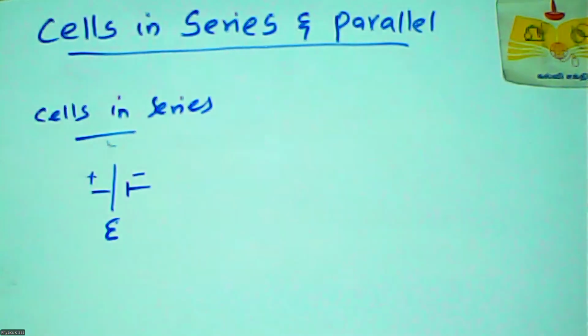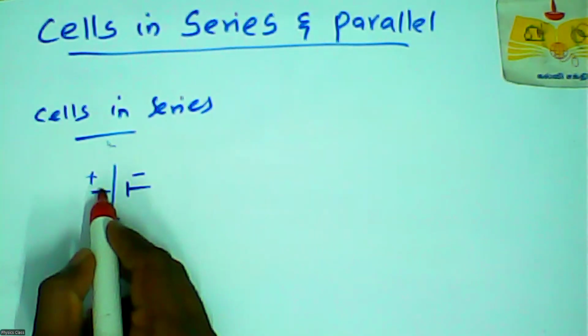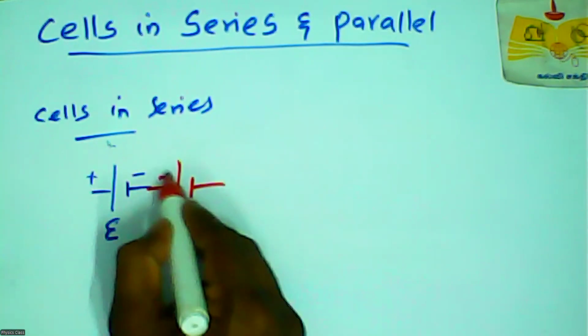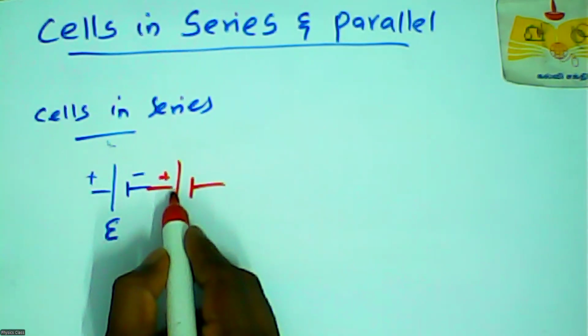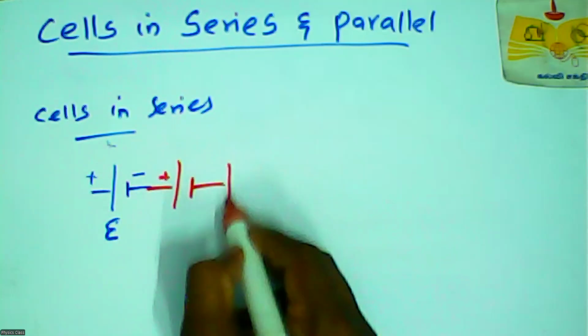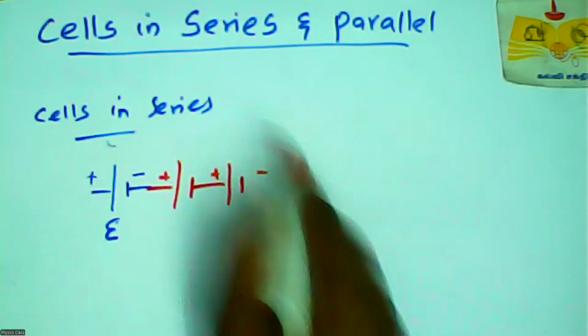So we connect the positive terminal of one cell to the negative terminal of another cell, like that. This is a series connection.